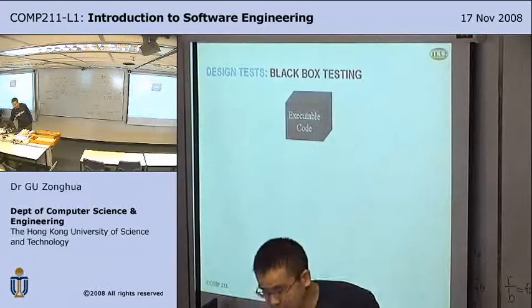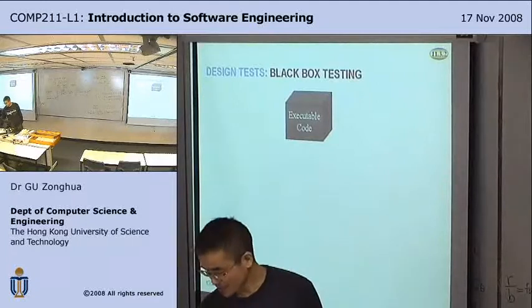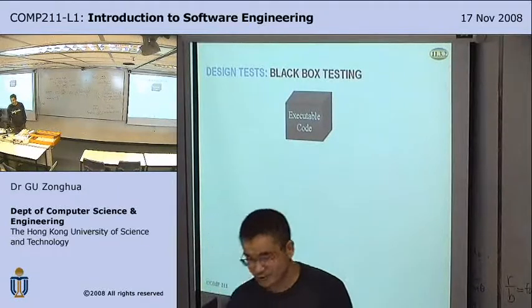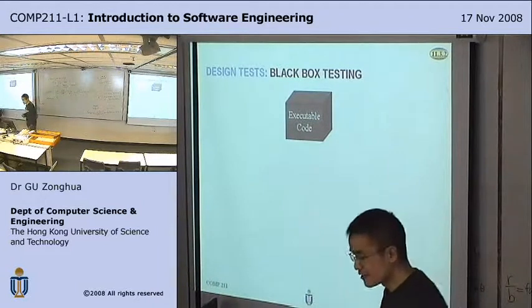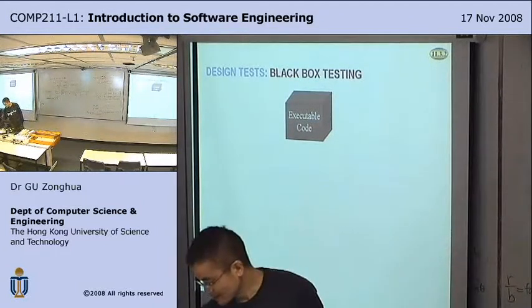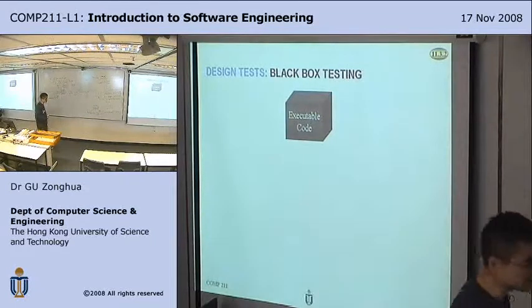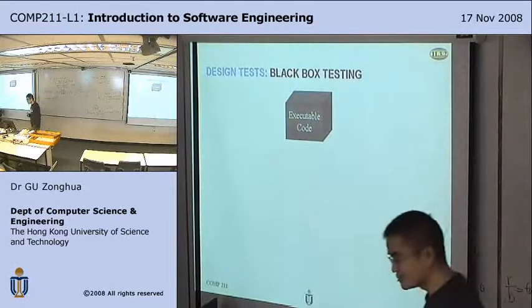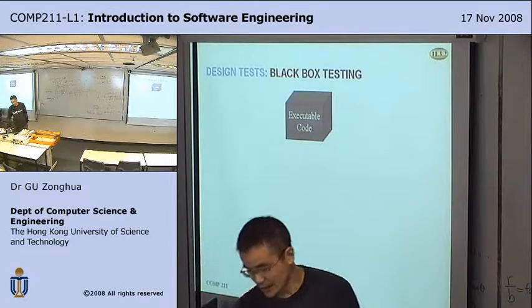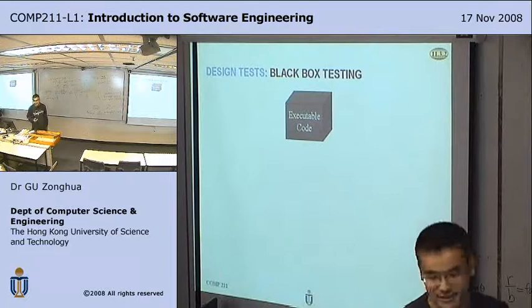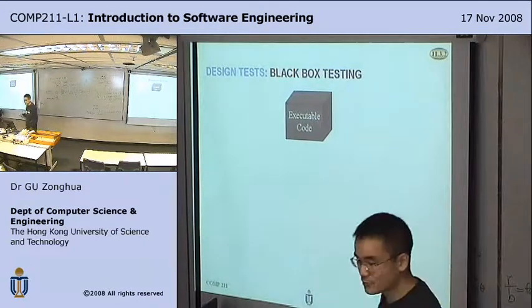Okay, so we'll continue with black box testing. Black box testing is where we test without access to the source code. Say you get an exe file only from someone. The tester may not need to understand the source code. You just get the executable file from the developer and the input-output specifications, and then just test the functionality of the system without caring about what's inside.